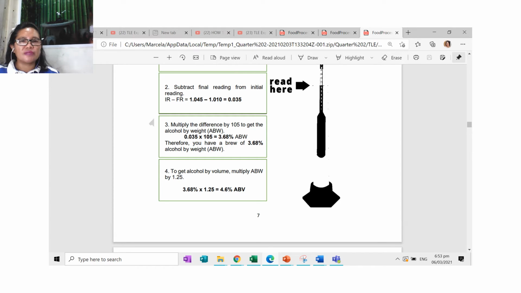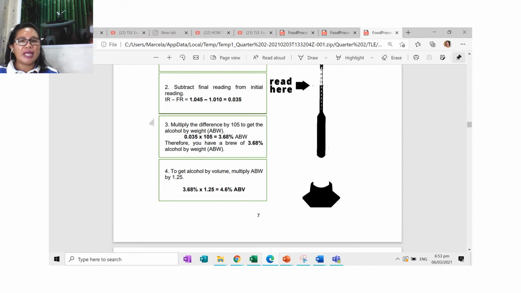Okay, so this is the formula. 1.045 minus 1.010 is equals 0.035.